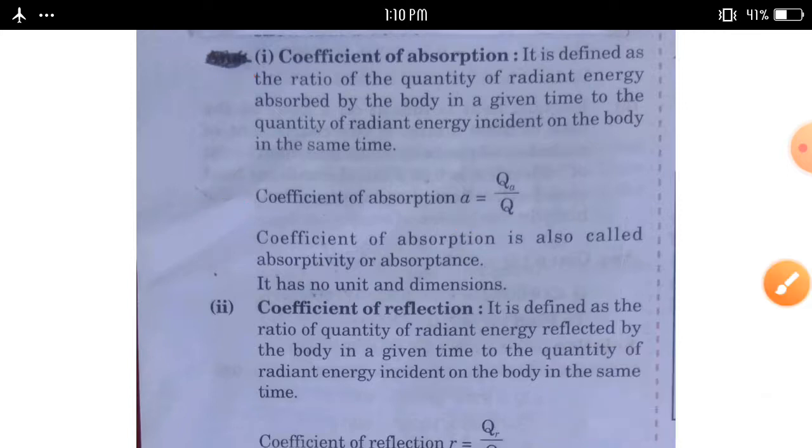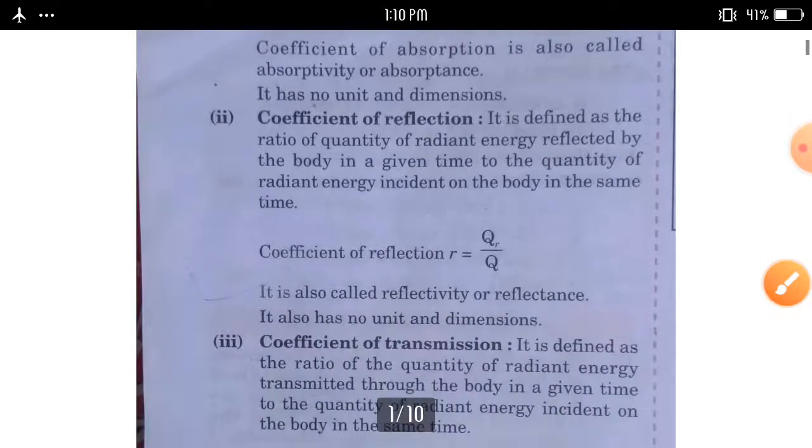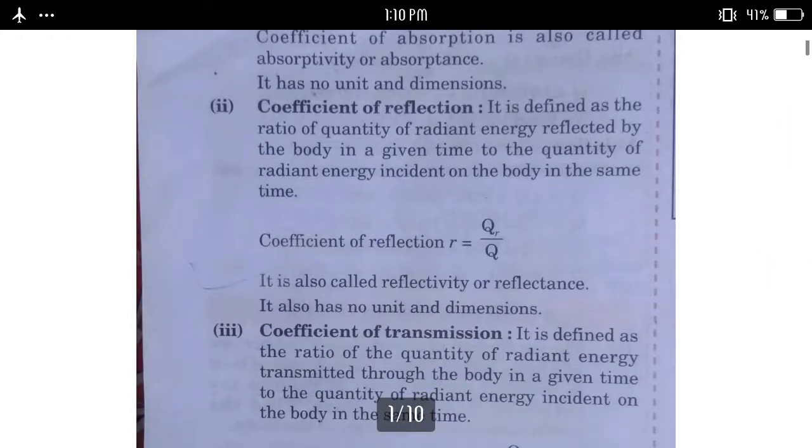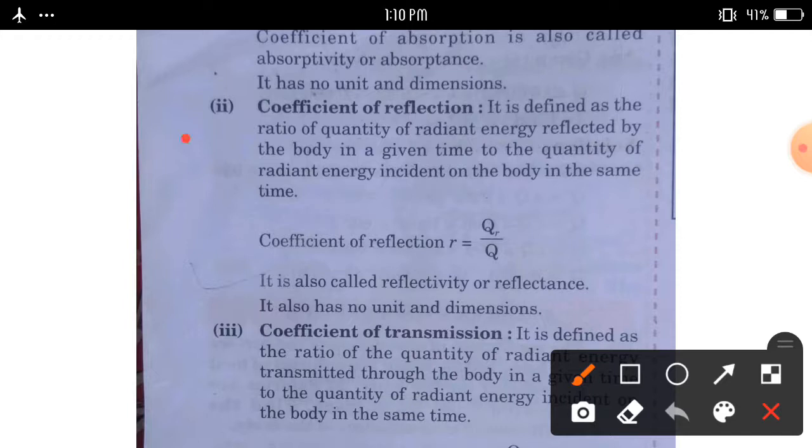Another definition, the second definition: coefficient of reflection. It is defined as the ratio of the quantity of radiated energy reflected by the body in a given time to the quantity of radiated energy incident on the body in the same time.